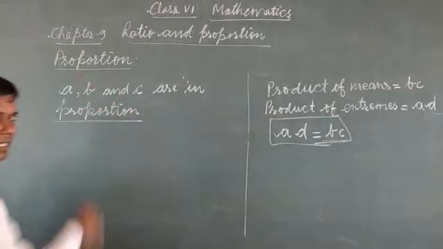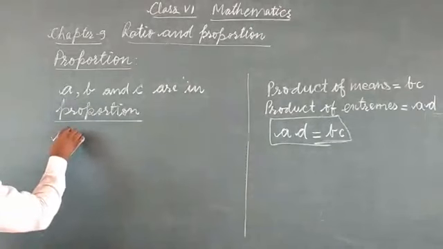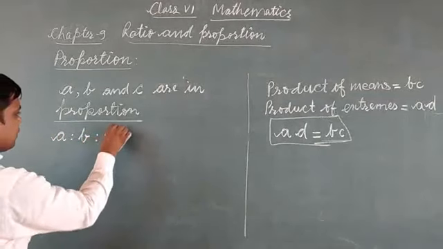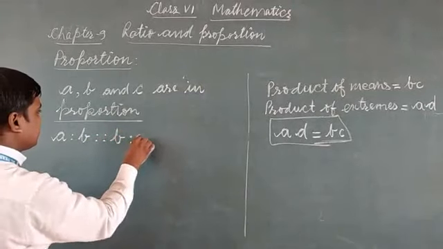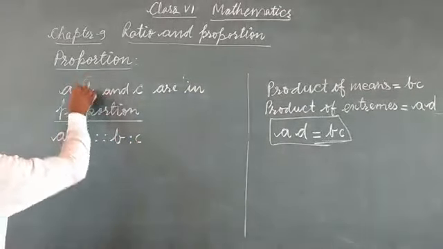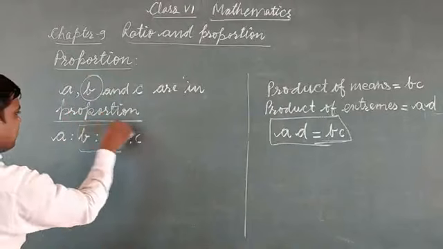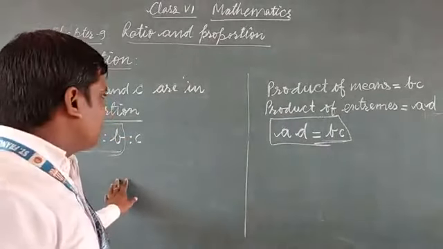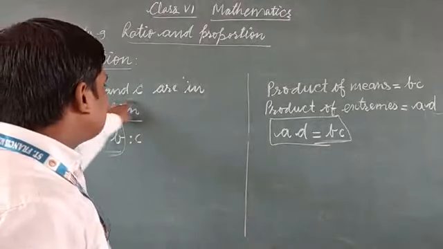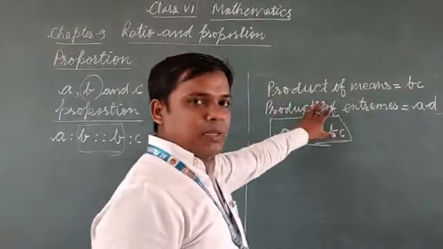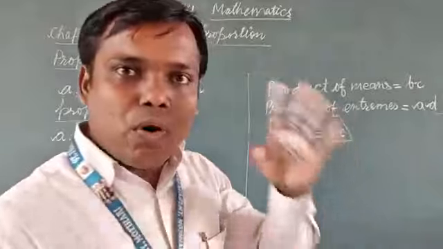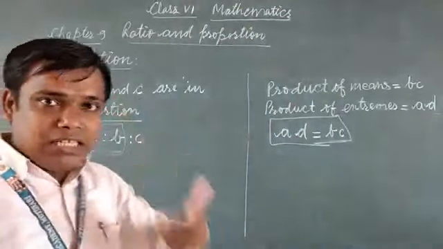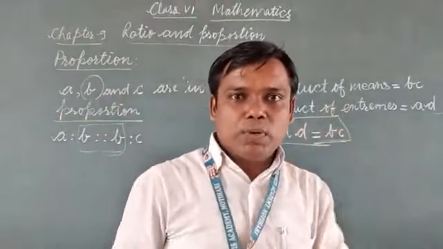then we will write them as A is to B proportion B is to C. This term is written as the mean term. Once more, here we have only 3 terms, and in the previous case I took 4 terms A, B, C, D. But here I am taking A, B and C, and saying that these 3 terms are in proportion.